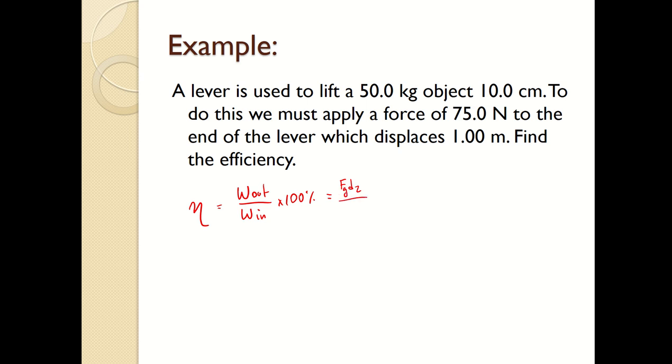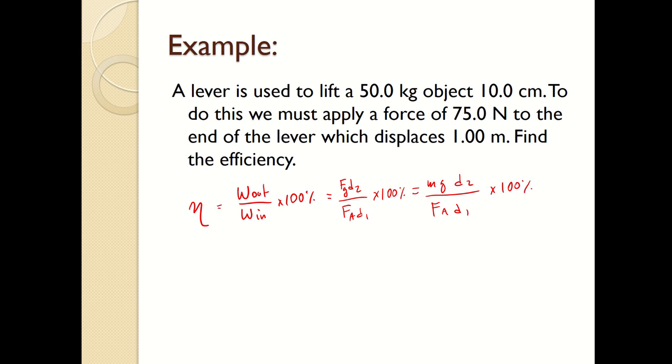So Fg times d2, and then this is going to be our Fa times d1, and this times 100%. Now let's expand our Fg to m times g times d2, and this is our Fa times distance 1.